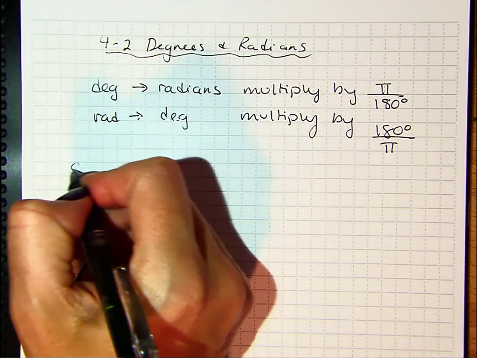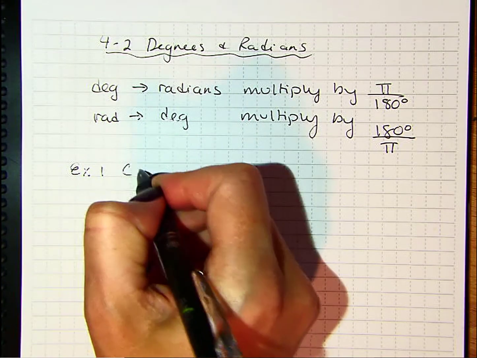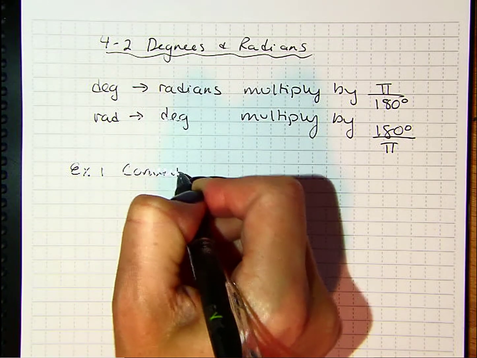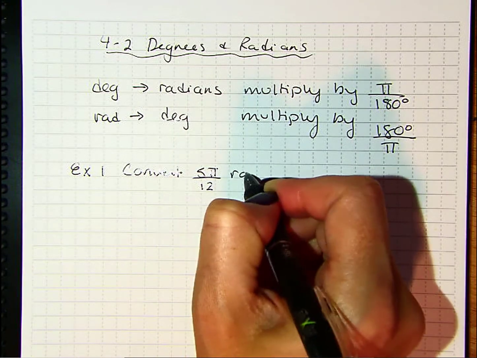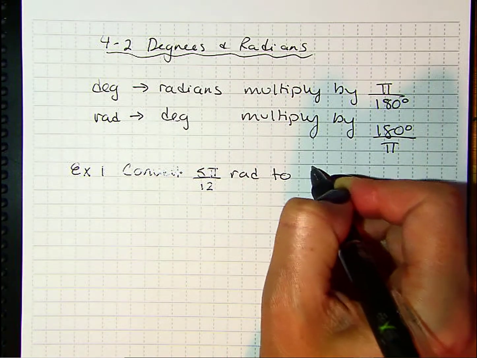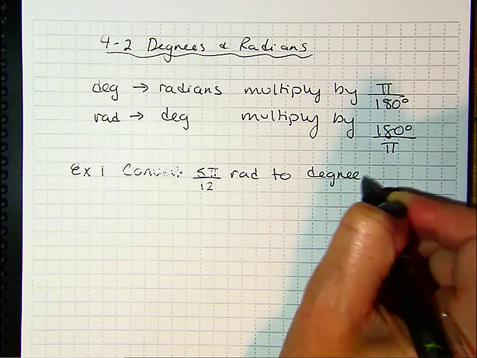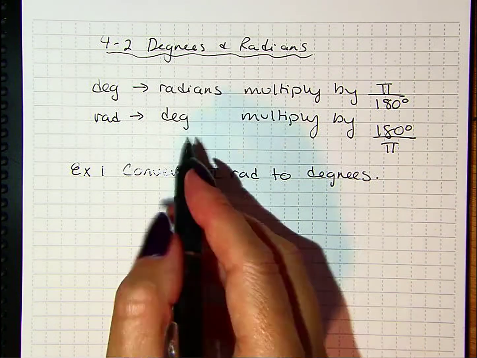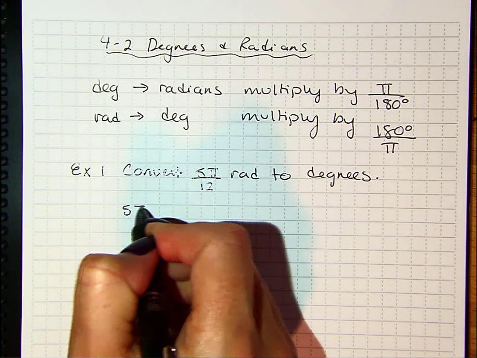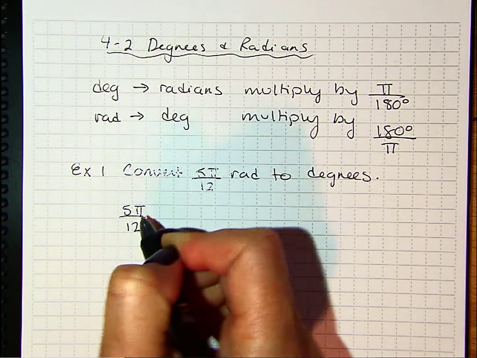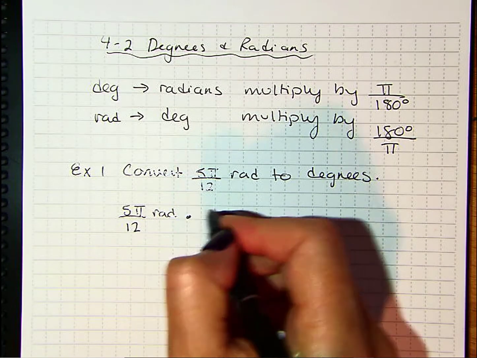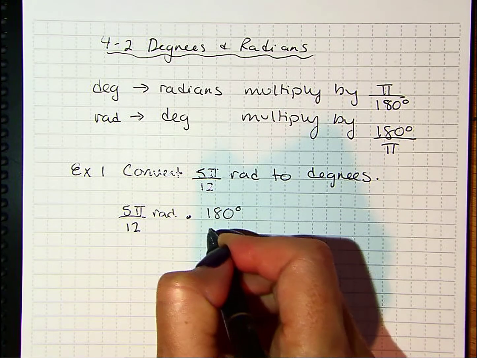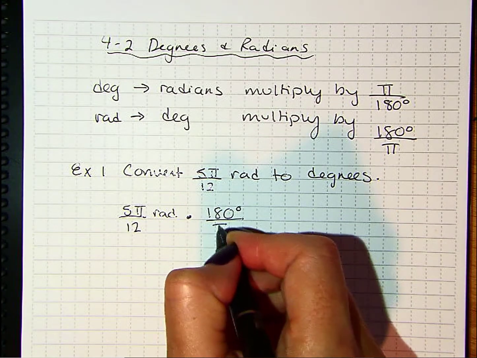So here's an example. Convert 5 pi over 12 radians to degrees. So we take our original, which is 5 pi over 12 radians, and we multiply that by 180 degrees over pi.